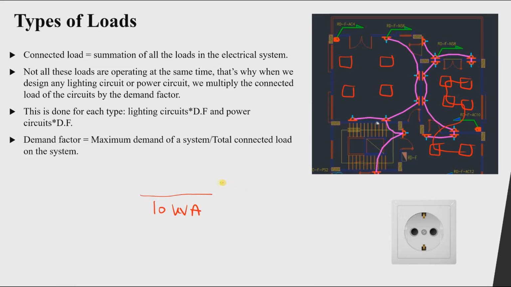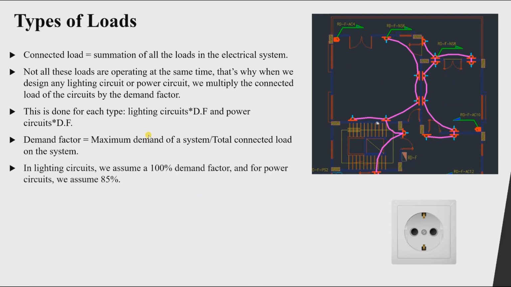Let's say it will be 7 kilovolt ampere, because not all of these loads in our apartment will work at the same time. So it will be 7 divided by 10. So our demand factor is 0.7. So the maximum amount of loads that will be working at the same time will be just 70% of the total load. That is what we call demand factor.